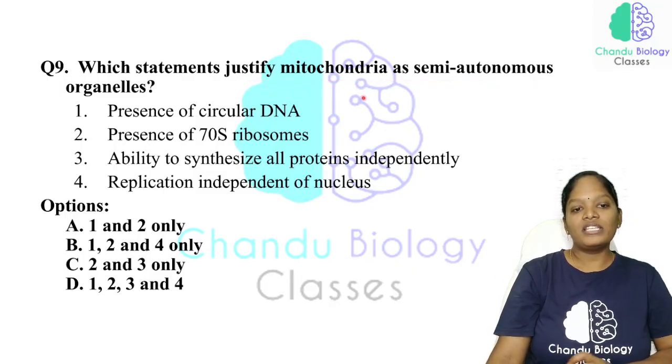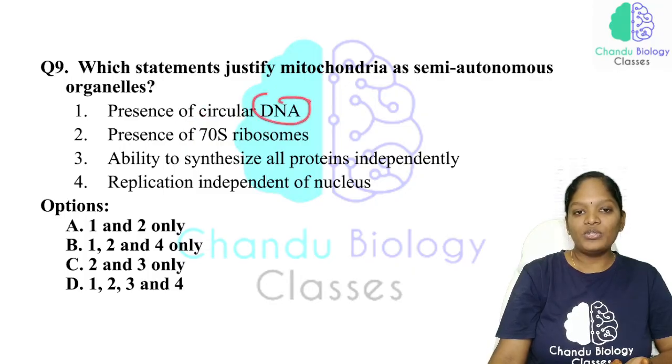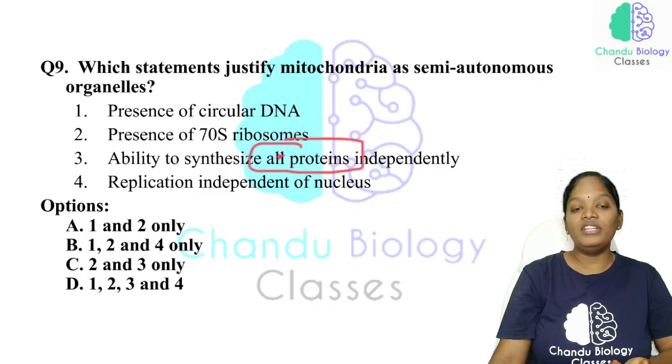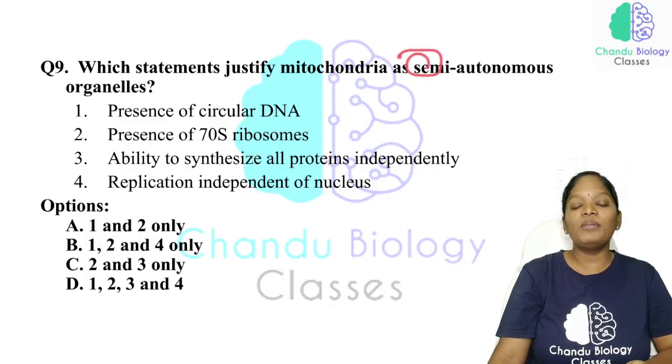Now, which of the following statements justify mitochondria as a semi-autonomous organelle? As they have DNA, of course, it is a right statement. 70S ribosomes are responsible for protein synthesis. Ability to synthesize all proteins independently: it is not a right statement. Why? Because if mitochondria had the ability to synthesize all proteins, we could call mitochondria an autonomous organelle, but not a semi-autonomous organelle.